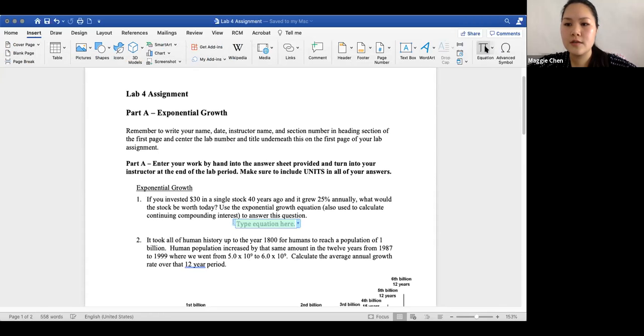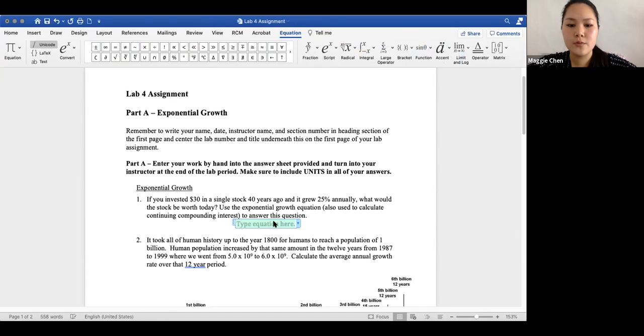If you click on that, it's going to start your equation wherever you clicked within your Word doc. So you can type in your calculations and work this way. But if you're more comfortable writing it out by hand, you can do that as well, and just turn in a picture of your work.